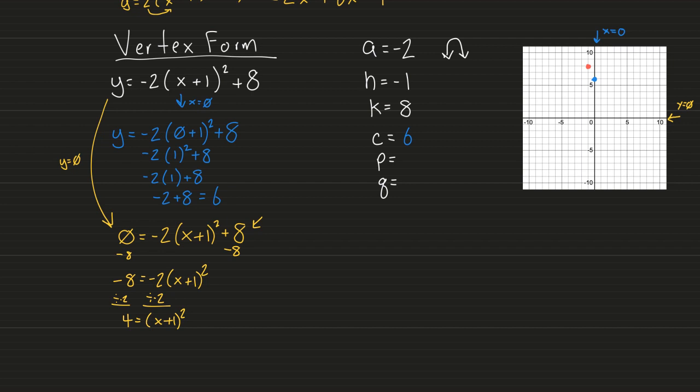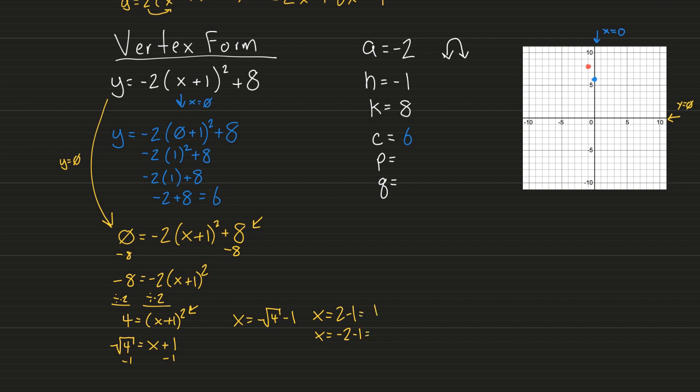How we undo an exponent is by square rooting both sides. We have the square root of 4, so equal to x plus 1. And then we would subtract 1 from both sides. So we'd actually find out that x is the square root of 4 minus 1. And the square root of 4 is either positive 2 or negative 2. So we would find that x equals 2 minus 1, or x equals negative 2 minus 1.